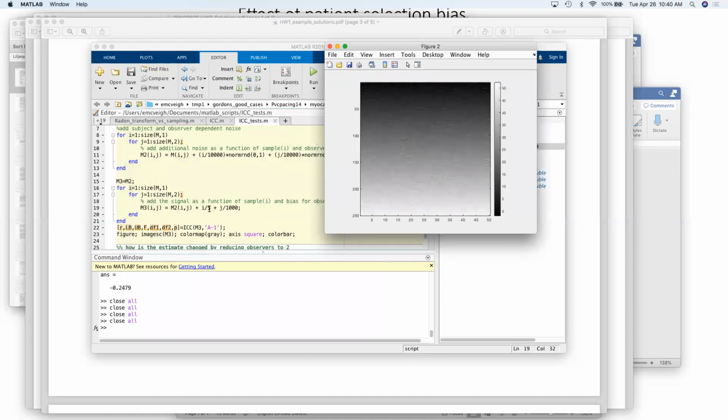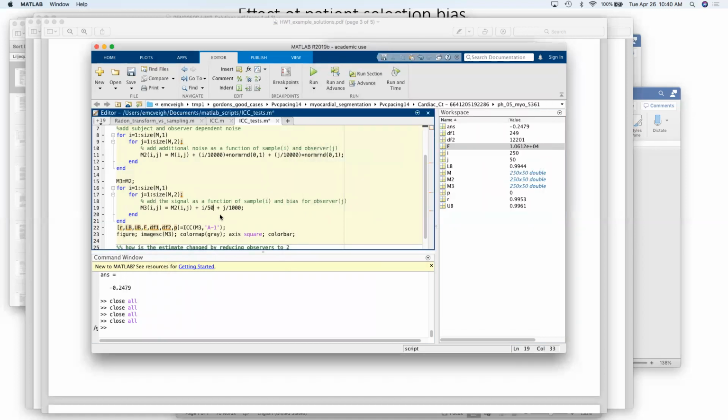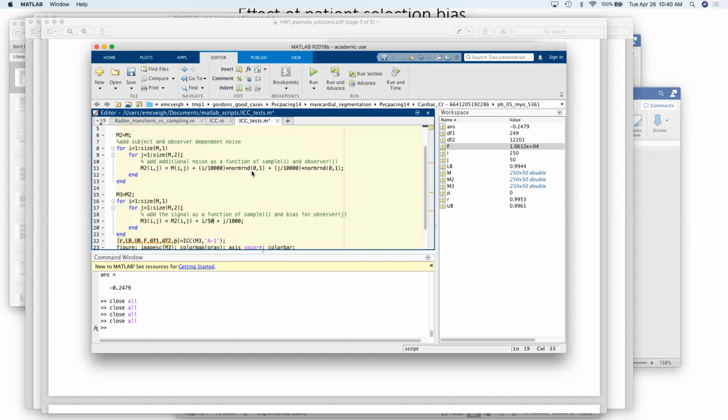We can then go back to 5 here. We can then add noise that is, say, dependent on the observer. Let's say we have different amounts of noise for different observers. We have really noisy observers and we have really precise observers.